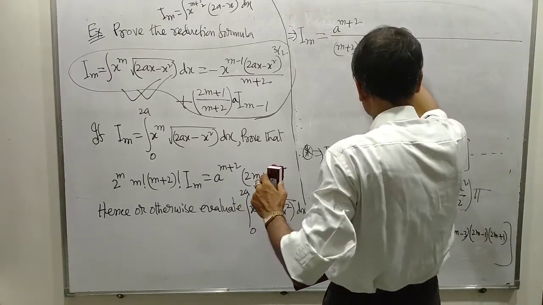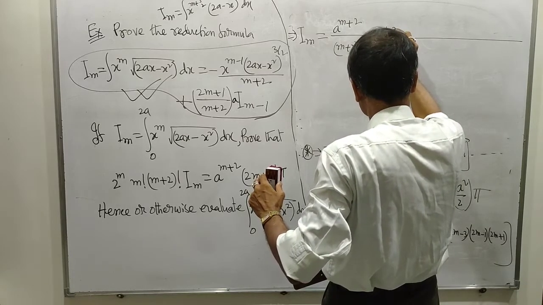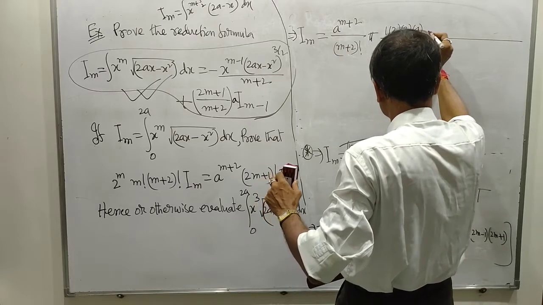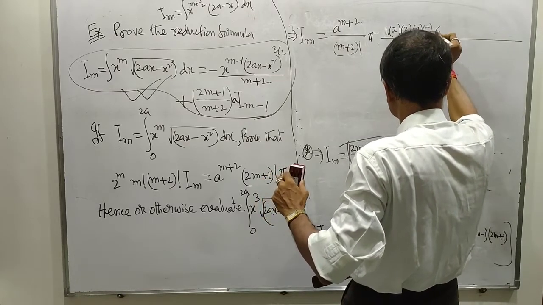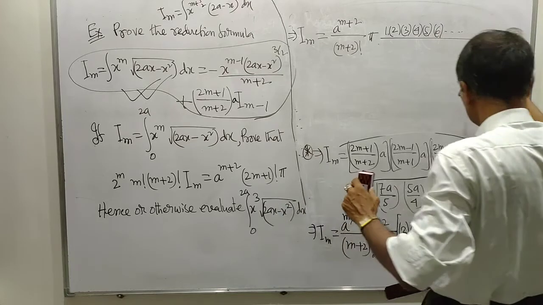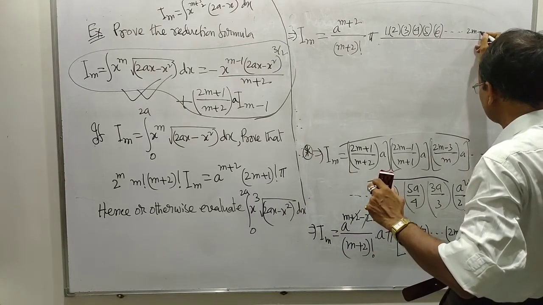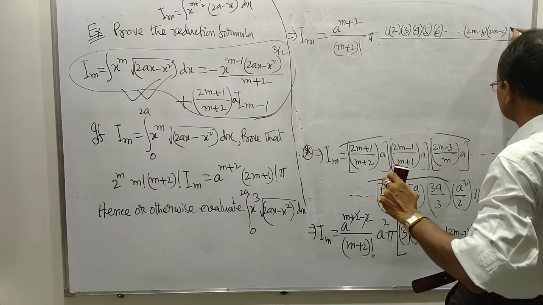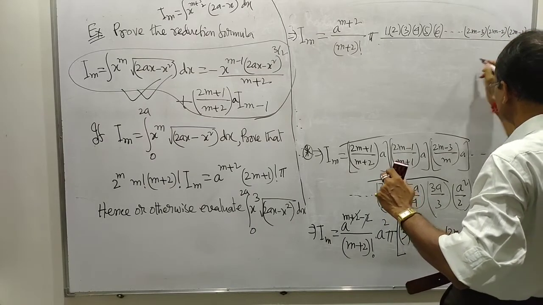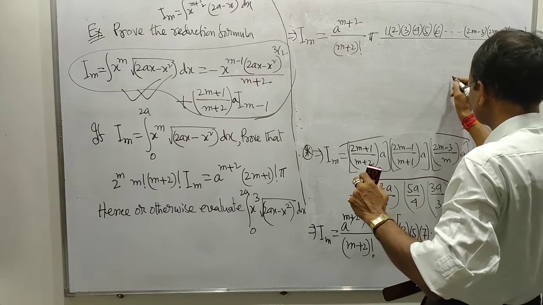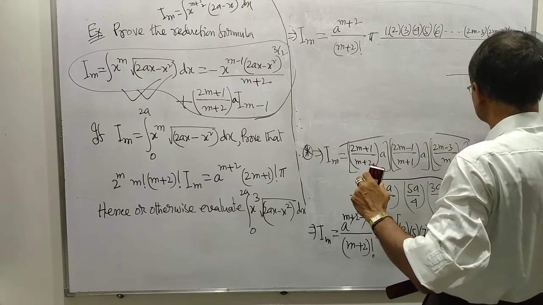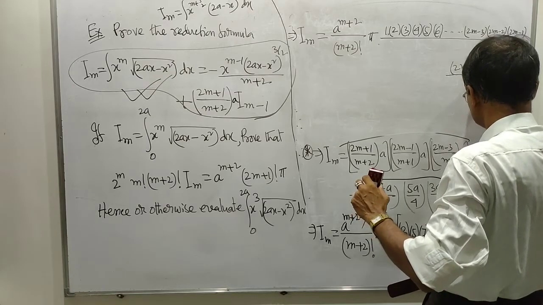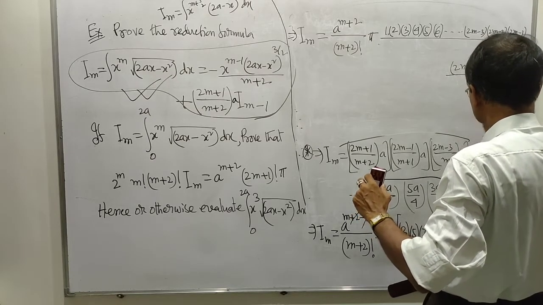For this, I am writing here 1, 2, 3, 4, 5, 6, dot dot dot, twice m minus 3, next twice m minus 2, next twice m minus 1, next twice m, next twice m plus 1.